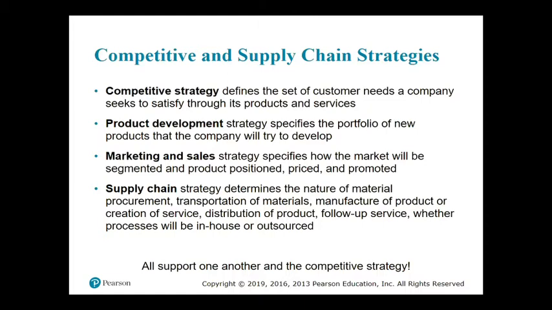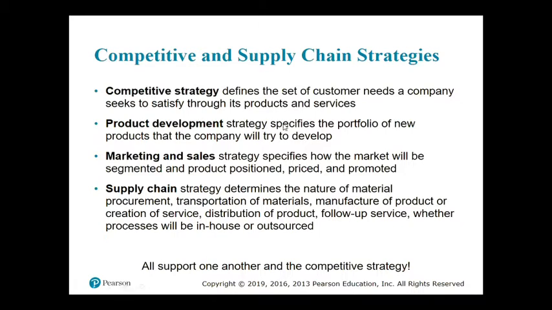So the key is high availability and low price. Then the company needs to develop strategies related to product development, related to marketing and sales, and related to supply chain to go with the competitive strategy.